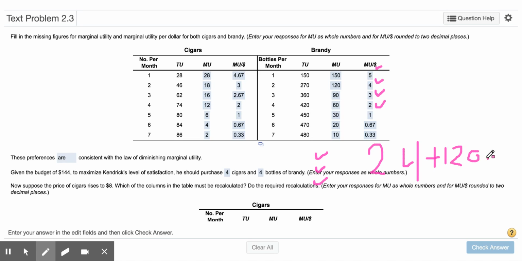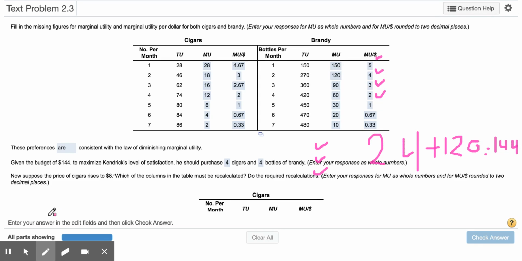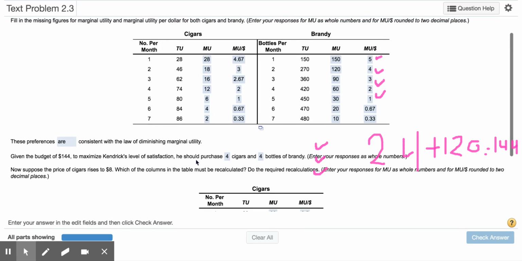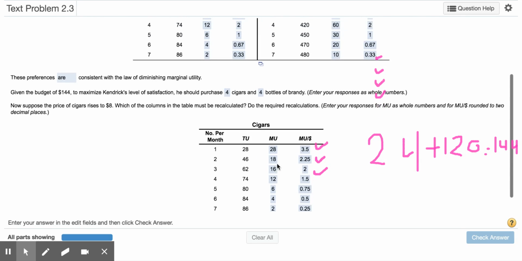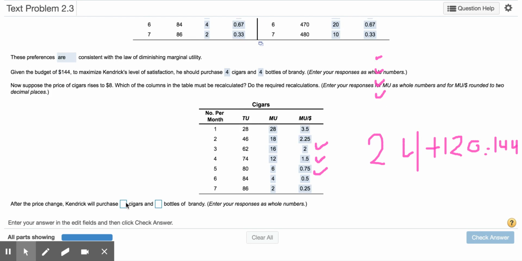So the total cost is 144. So we exhausted the budget. So this person should consume 3 units of cigars and 4 units of brandy. So it's going to be 3 and 4.